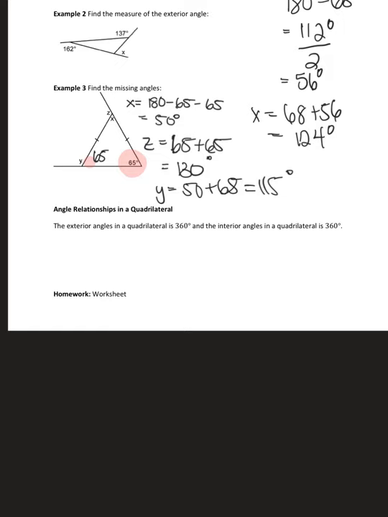So if I were to have a square, which is a quadrilateral, all of the angles inside of my square they're all going to add up to 360 degrees. Now, on my square here, if I also had exterior angles here, like this, all of my exterior angles are also going to add up to be 360 degrees.